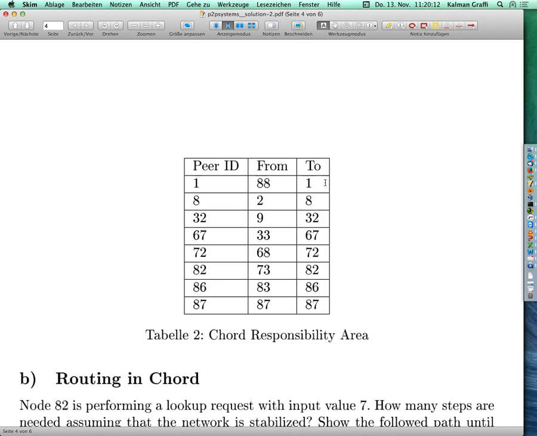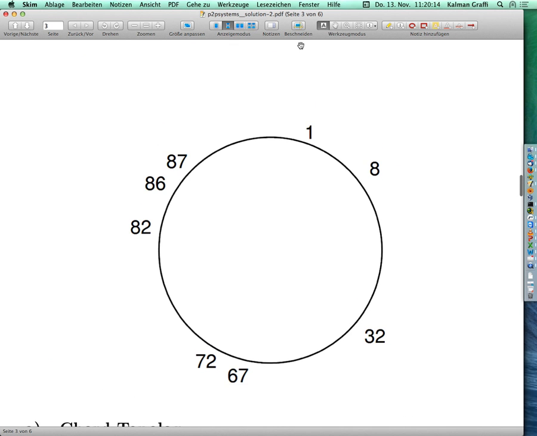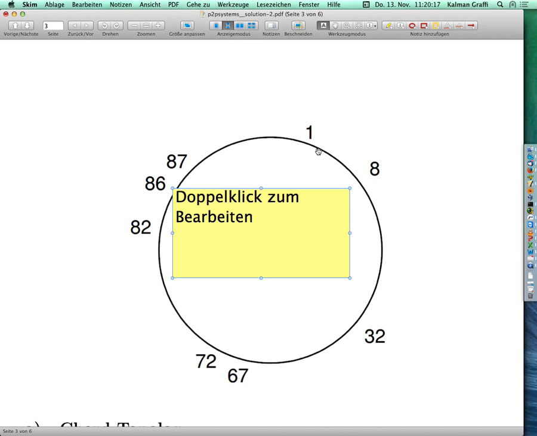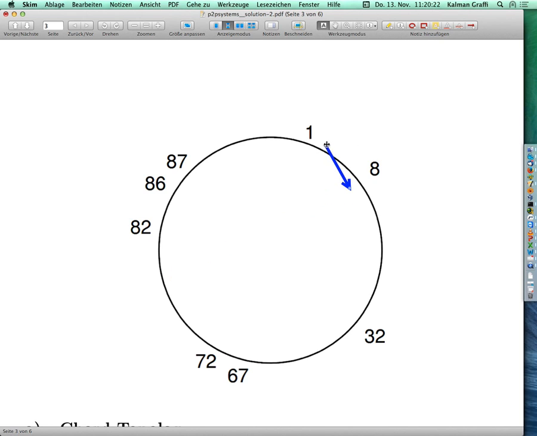Or to say it otherwise, if you have this kind of ring and one ID somewhere here, it's always the successor node responsible for it. This is the other way to have a look at it. So if you have an ID 40, the successor node of it is 67. This is the responsibility.